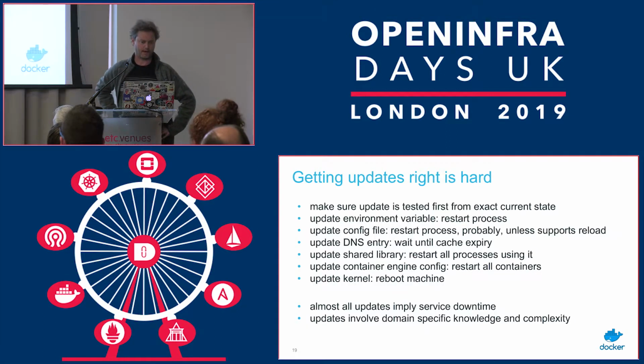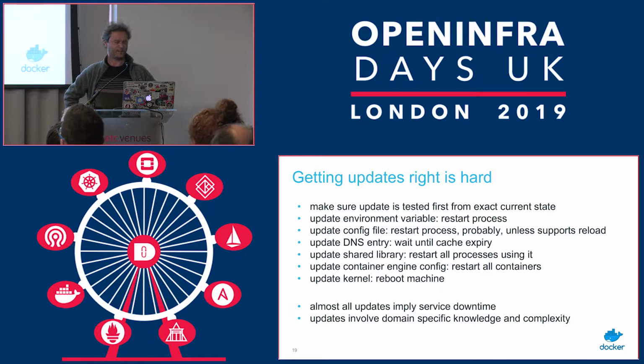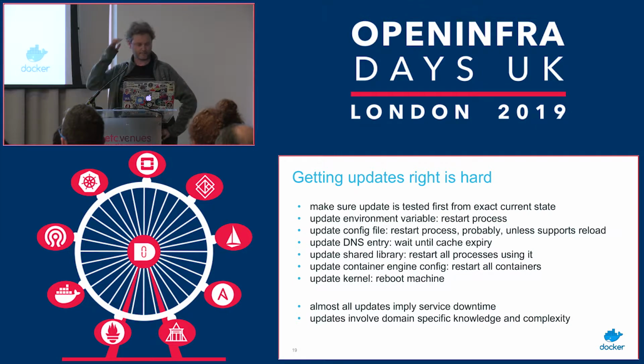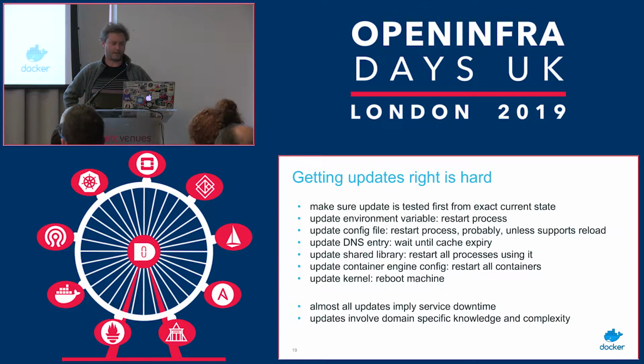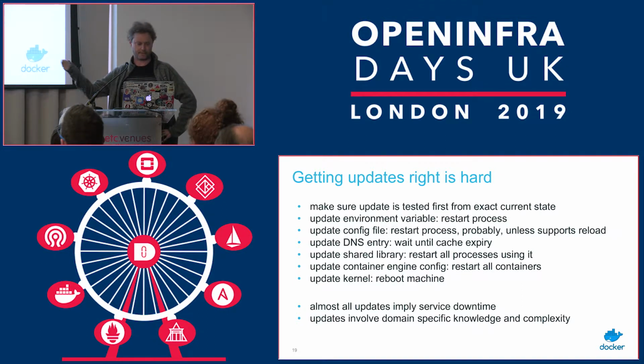And if we want to do updates, mutable updates on a server are really complicated in some ways. You have to know a lot about how to update software. You need to know what you need to restart. If you're updating a shared library, you need to restart all the processes that are using that shared library. How do you find out what they are?